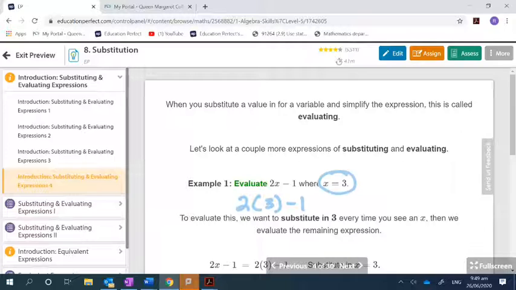We have to deal with the bracket first, and we know there's going to be a bracket, because we put it there. So 2 times 3 is what? 6. 6 minus 1 is what? 5. So your completed answer is simply 5. Correct. Substitution is one of the easiest things you're going to do, but one of the most critical skills.